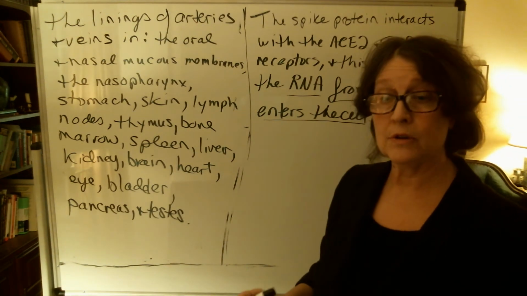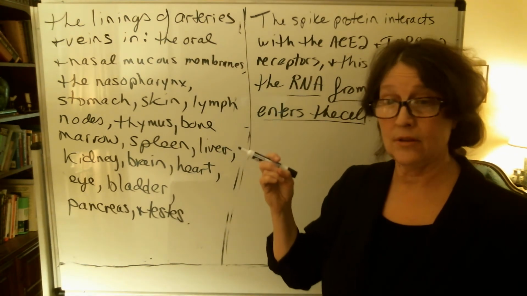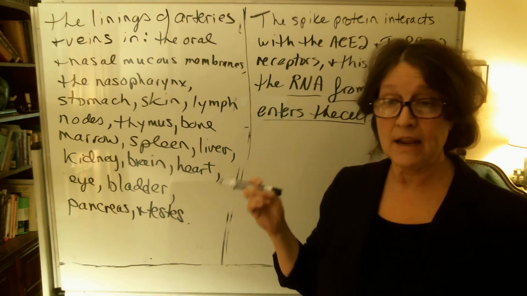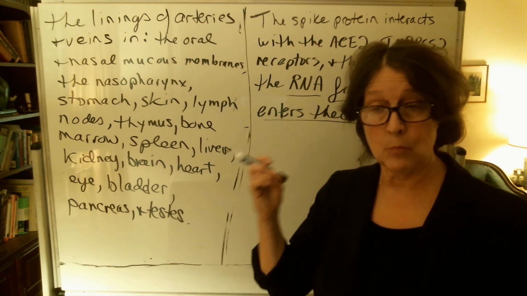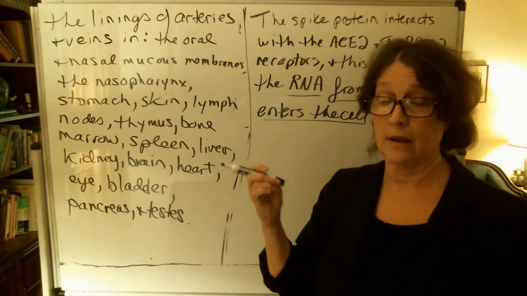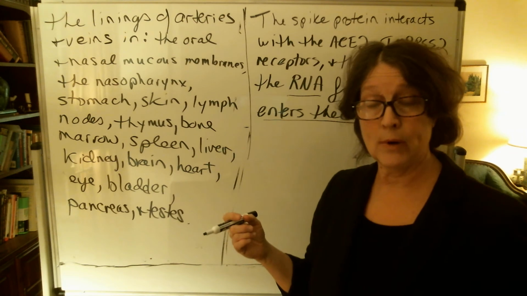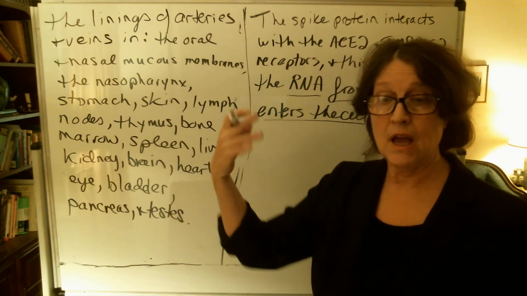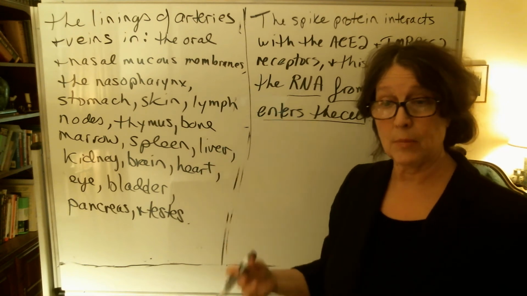And once the virus is inside the cell, the virus's RNA takes over the cell's reproductive machinery so that it makes more viruses instead of making or maintaining the cell. So that is how we wind up having this ongoing multiplication of viruses within the body.